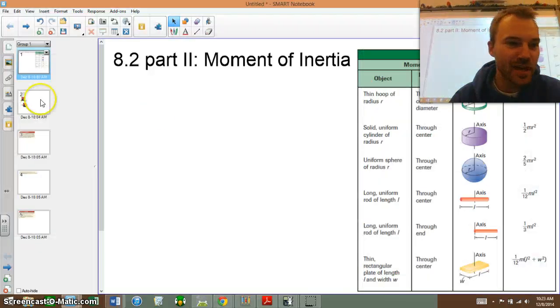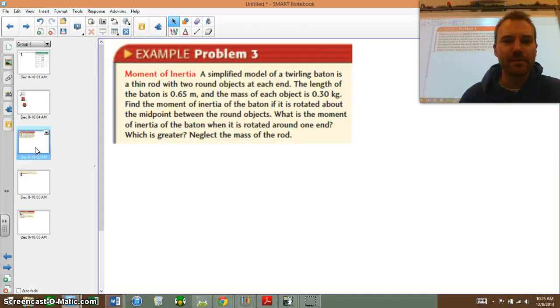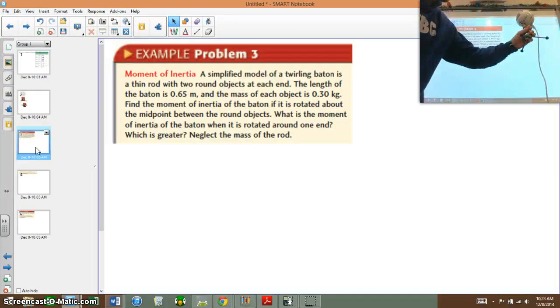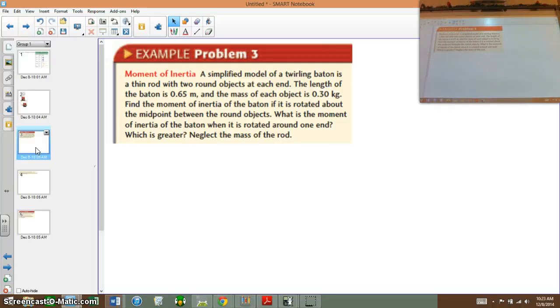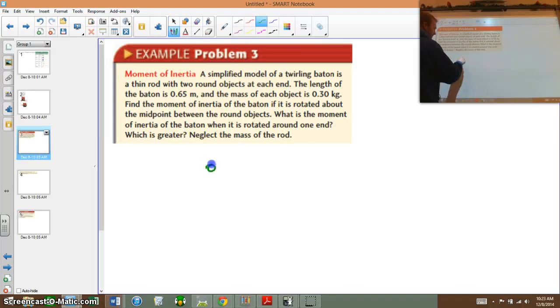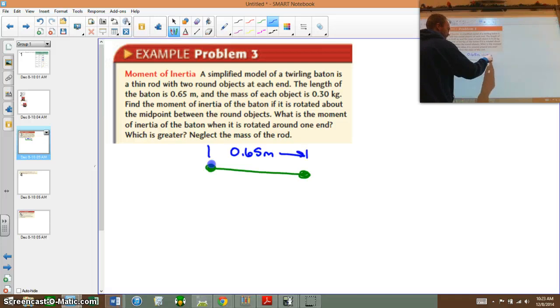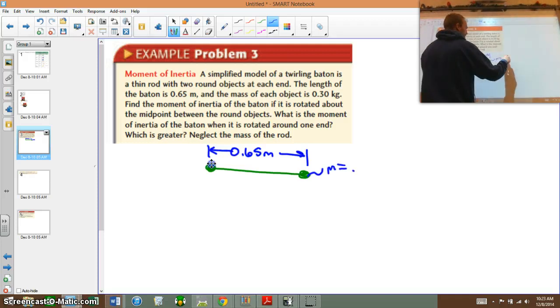So here, let's do a couple of problems. The first problem, it says moment of inertia. A simplified model of a twirling baton is a thin rod with two round objects at each end. The length of the baton is 0.65 meters. So here's a baton, and they're saying it's 0.65 meters in length. The mass of each object is 0.3 kilograms.